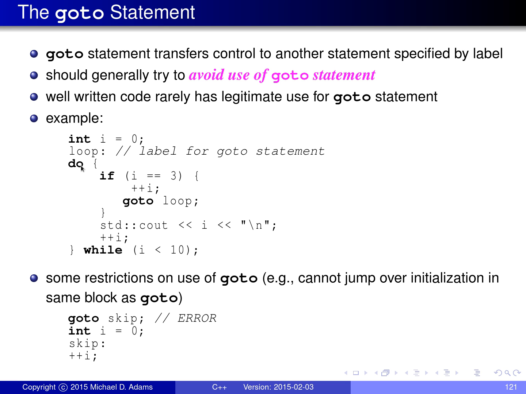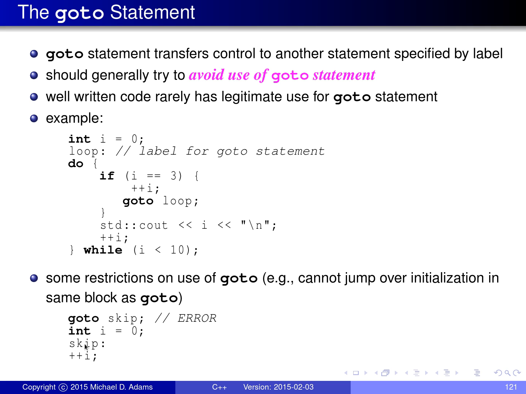One other thing to point out about the goto statement is that you're only allowed to use it in certain ways. For example, this code here would generate a compile time error because in this case we're trying to skip over the creation of a variable. We have this integer variable I being created on this line of code, and we have this goto statement which is trying to go to the line that's labeled as skip, which is this line down below.